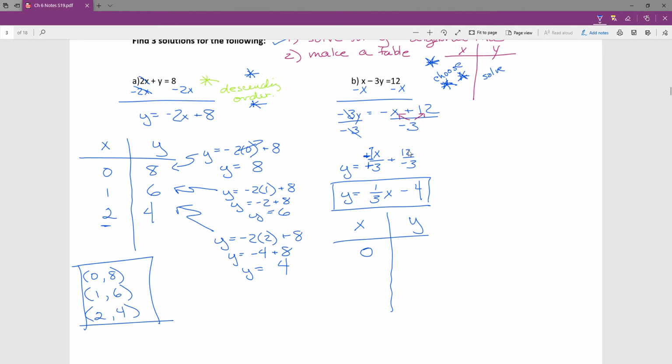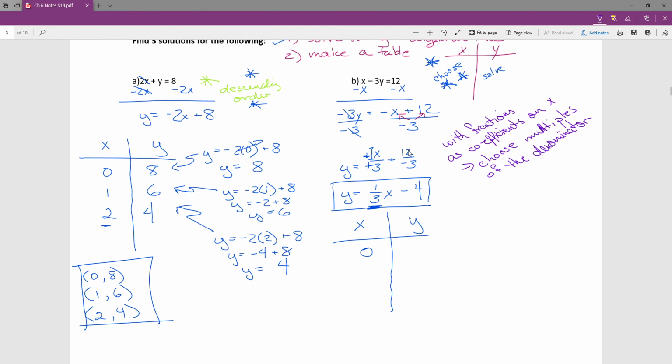So when you have a fraction as a coefficient on your x, I'm just going to put the notes in another little color here. With fractions as coefficients on the x, the key thing here: choose multiples of the denominator.